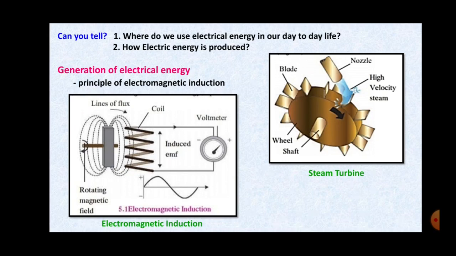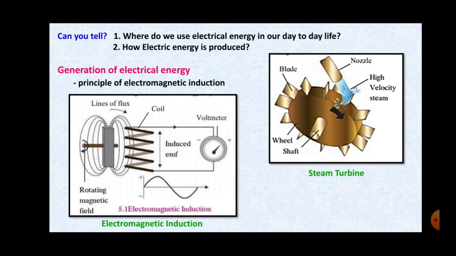Why does it rotate? Because of the kinetic energy. Whatever falls on it, whether liquid or steam, its kinetic energy rotates the blades of the turbine.